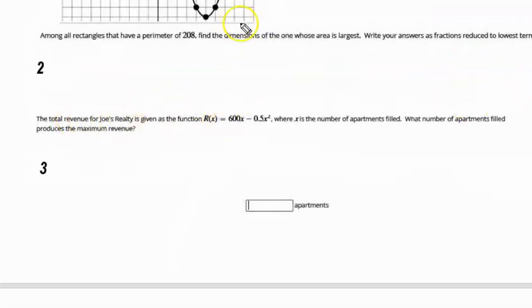Now here, this is similar to what we've done above. They already have the formula for us. We want to find the vertex of this. What number of apartments would x be to give us the greatest value? And since our a term, and let's put it in standard form, negative 0.5x squared plus 600x, now it's in standard form, we need to find the vertex.